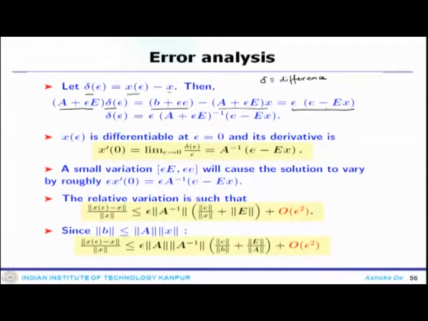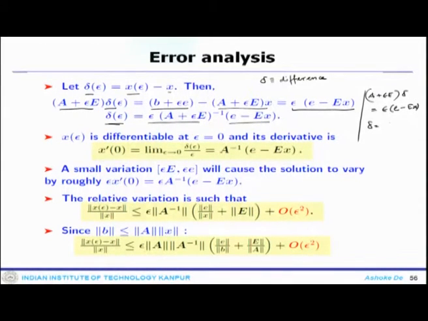So, delta epsilon is epsilon (A plus epsilon E) inverse times (e minus E x).